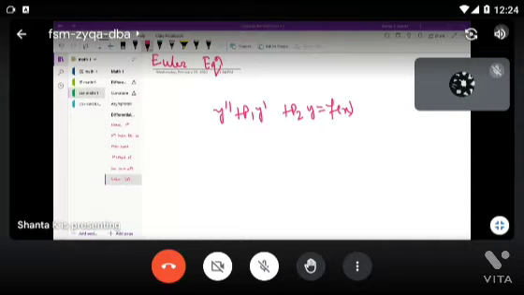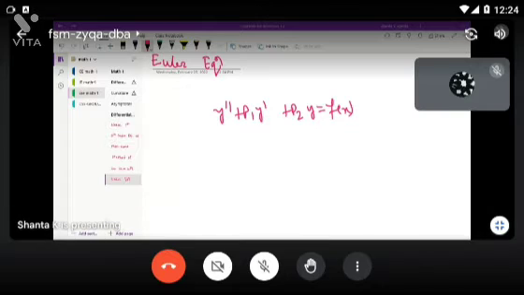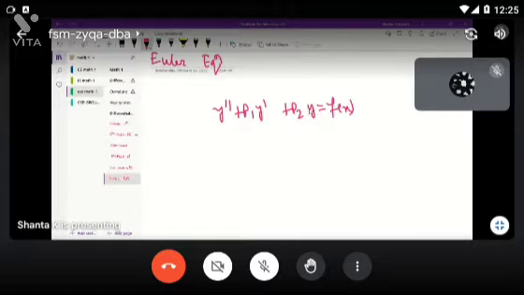Now in this equation, if you put f(x) equals to 0, and we retain all the second degree terms, then the equation we can write in this form. So this is equation 1. If you remember, it's a non-homogeneous equation.